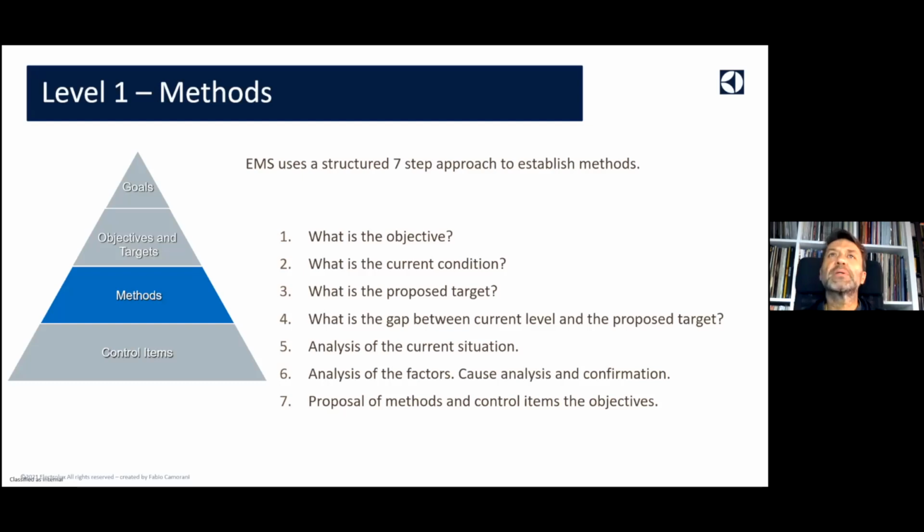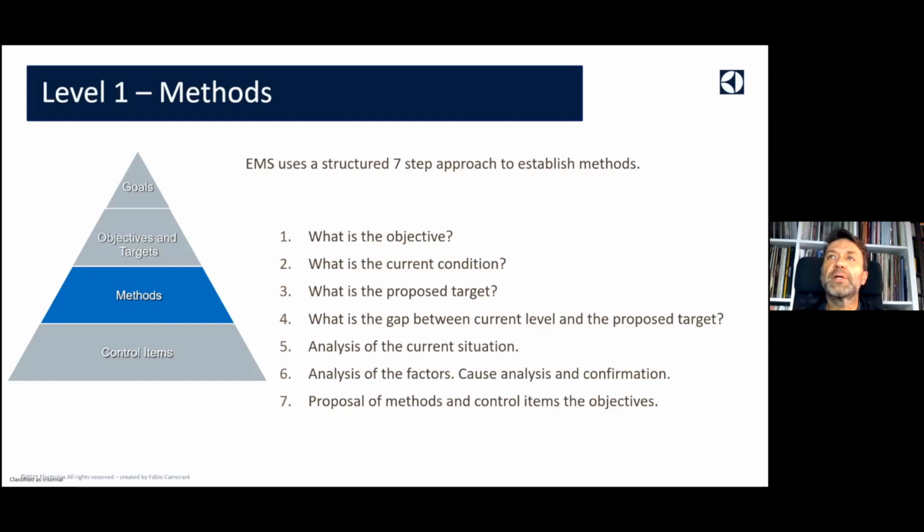First step, definition of the objective. You remember the goal and then the objective. So first step is definition of the objective. Second step is where we are now. So after the definition of the objective, we say the number, we define where we are in terms of numbers also. Third step is target, from objective to target.